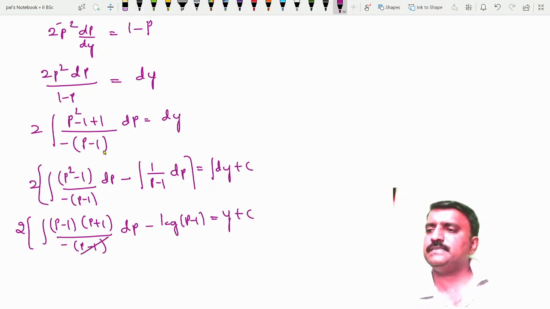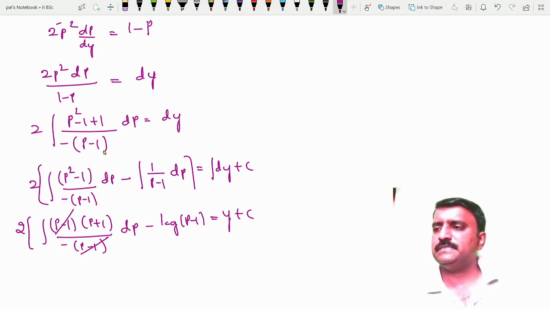Here p minus 1 and p minus 1 cancel. So now it is minus 2 into integration of p, which is p square by 2, plus integration of 1 with respect to p, which is p, minus log of p minus 1.